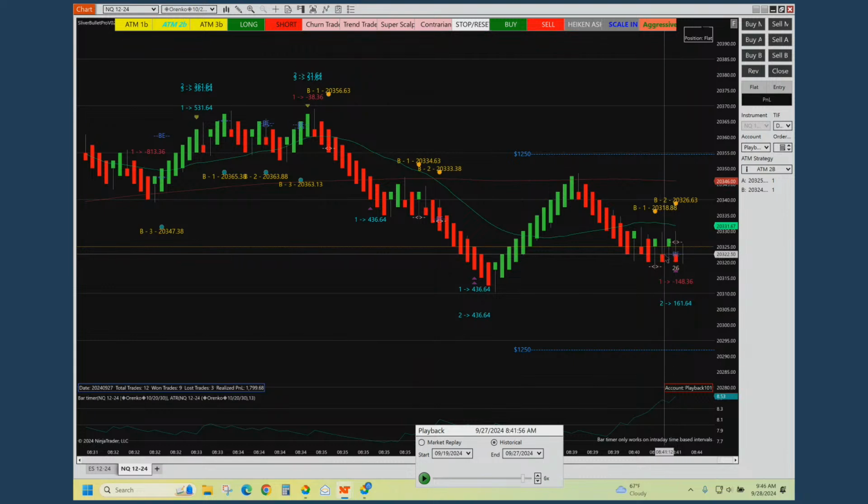It won't wait in the hopes that the market will continue in its direction. That's because we are taking risk by adding more positions in a losing cause. We are taking a risk, so it tries to come out as quickly as possible.